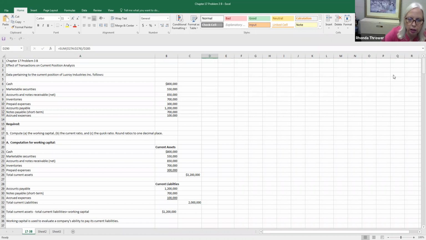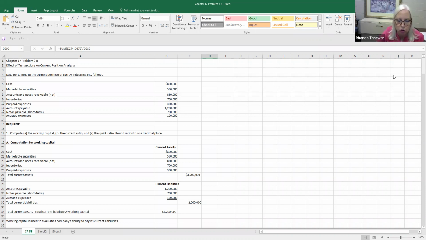The total of our quick assets is $2,200,000. To find the quick ratio, we'll take our quick assets and divide those by our current liabilities. That will give us a quick ratio of 1.1. That's our quick ratio for this company.